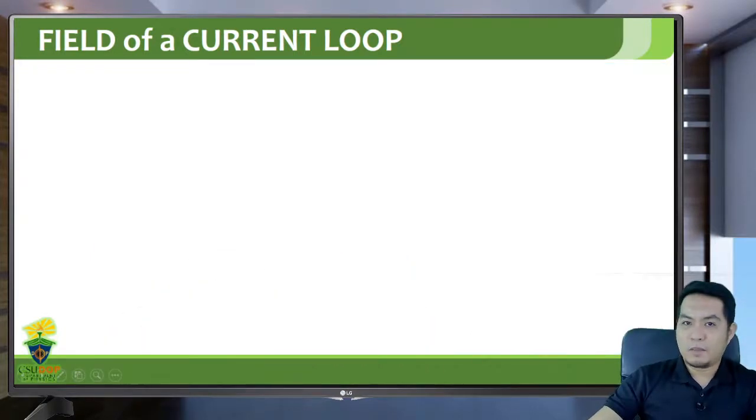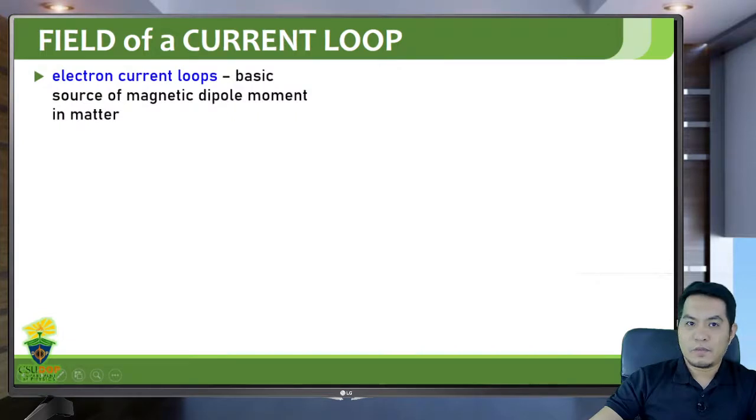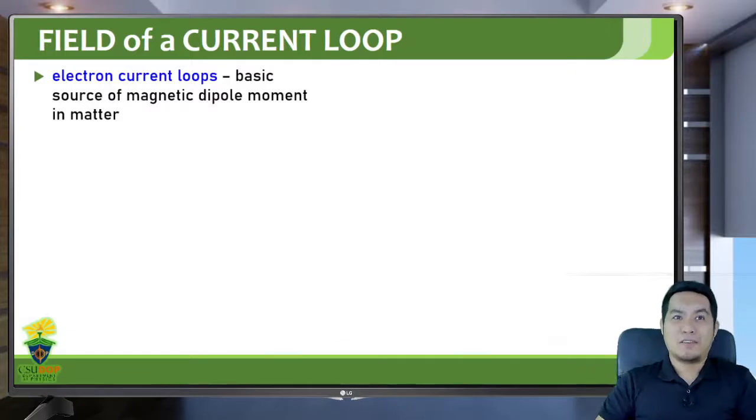Another example where you can find current loops is in an atom. In an atom, there are electrons looping around the atom. Essentially, the reason why matter has magnetic dipole moments is because of electron current loops.